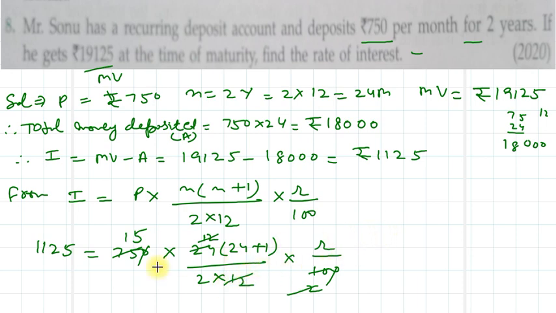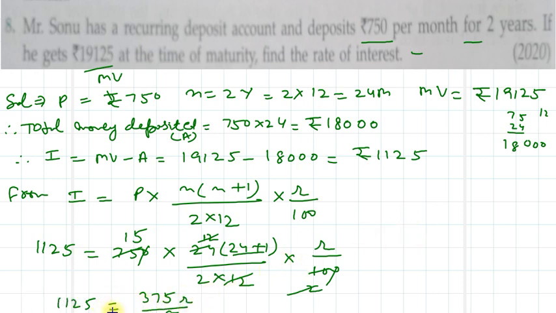So we have got 1125. 15, this is 25, 15 5s are 75, 15 2s are 30 plus 7, 37 upon 2r.